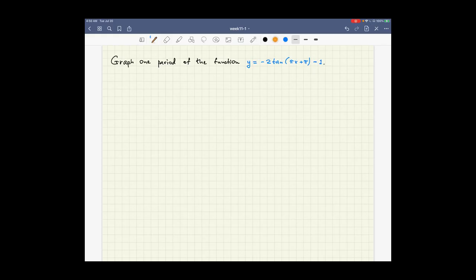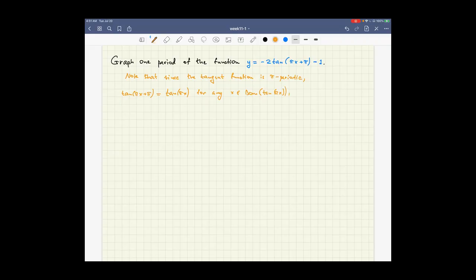We note immediately that since tangent is pi periodic, tangent of pi x plus pi simply is tangent pi x, for any x in the domain of tangent pi x.